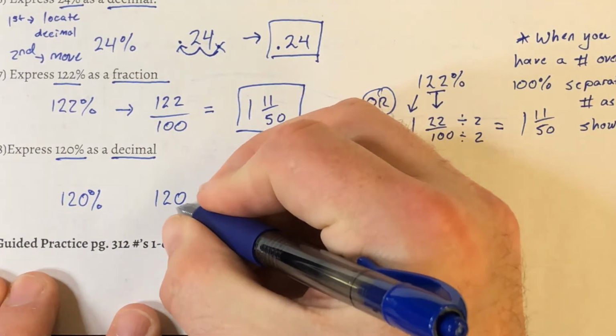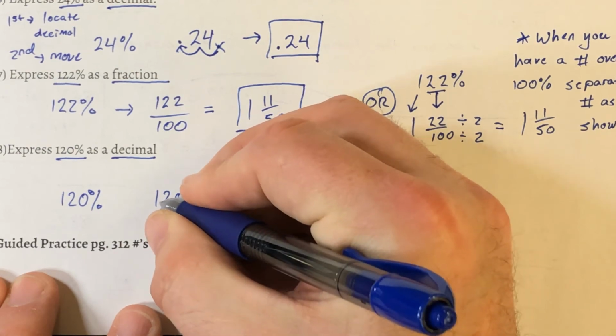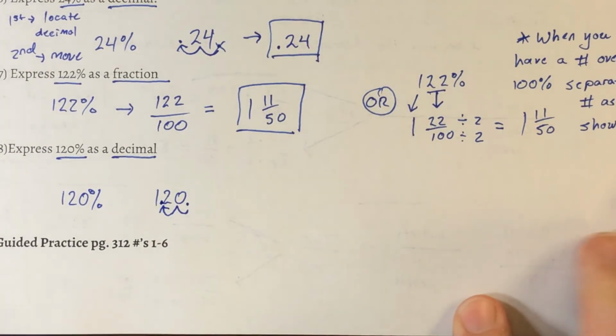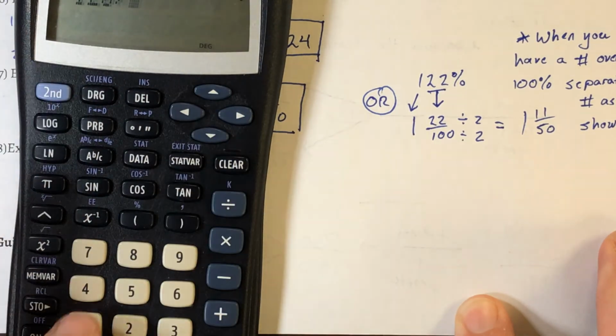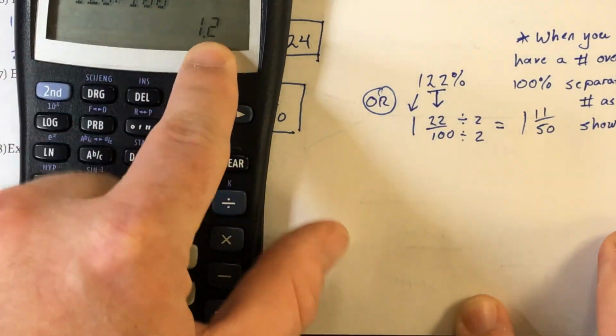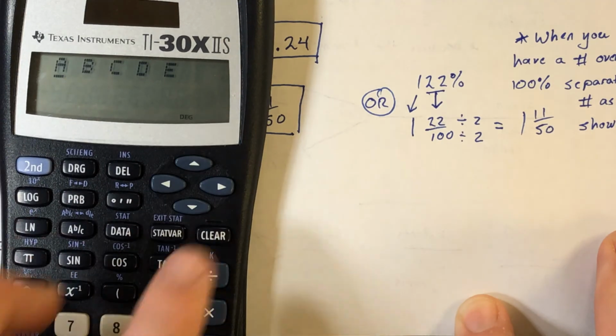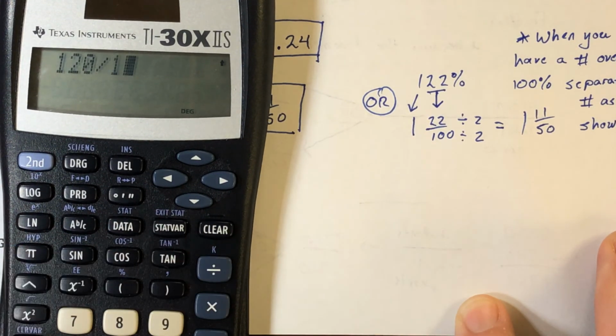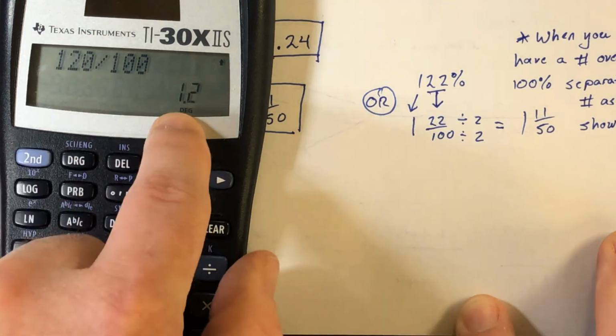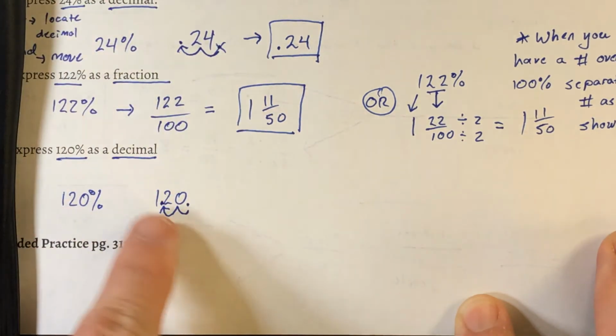We're going to move it 2 times left. That's the same as dividing by 100. You want to see? 120 divided by 100. Oops, I messed up. Let's do that again. 120 divided by 100. See, the decimal moved. It's now between the 1 and the 2.